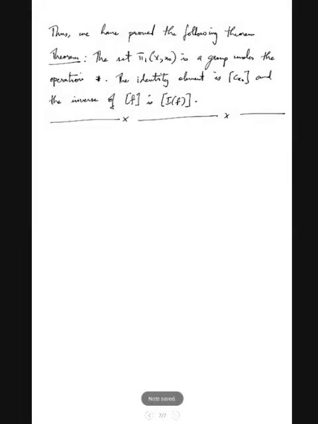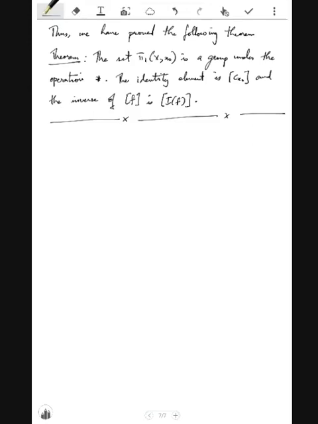So before we see some examples of computations of fundamental groups, some simple examples, let's just observe some more properties of the fundamental group. So the first property we want to see is that f from X to Y be a continuous map.